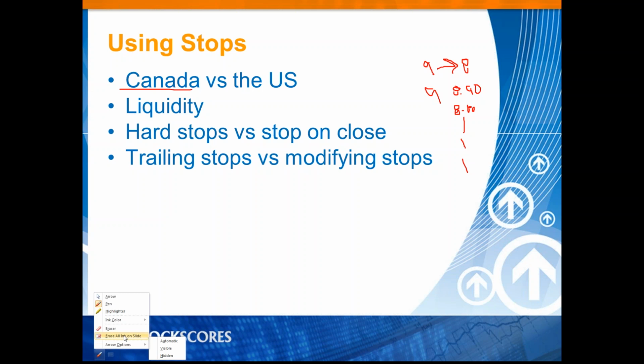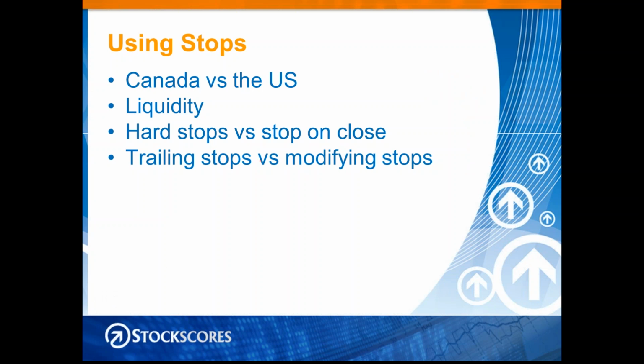With that said, there's a very good reason for that. The Canadian market is not as actively traded. It is not as liquid as the US market. And as a result, it's pretty easy for a stock to hit a stop loss point and then bounce right back and continue its upward trend.